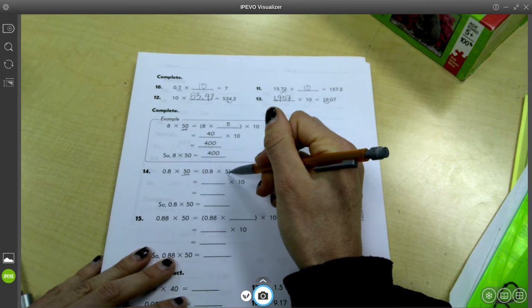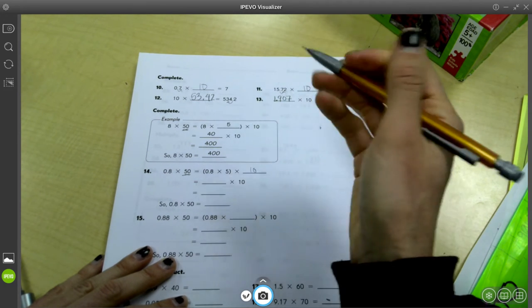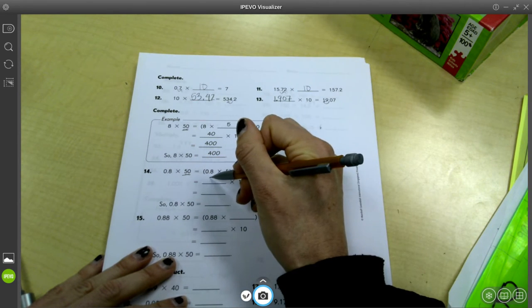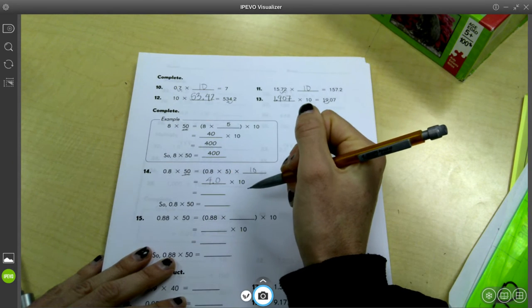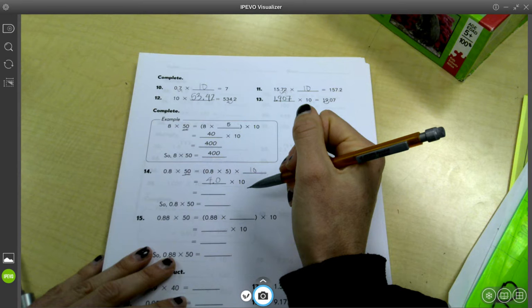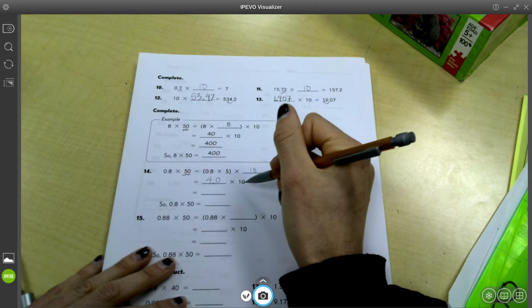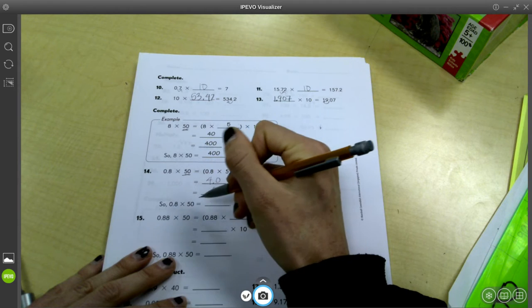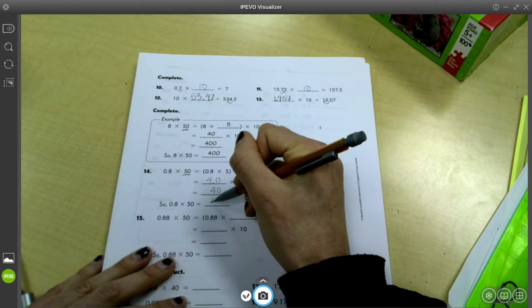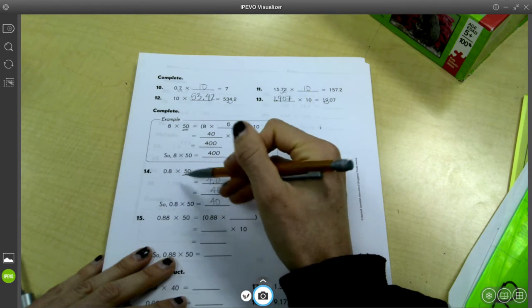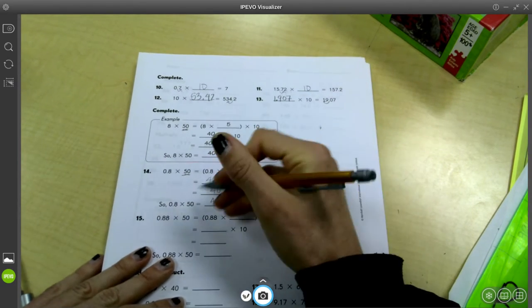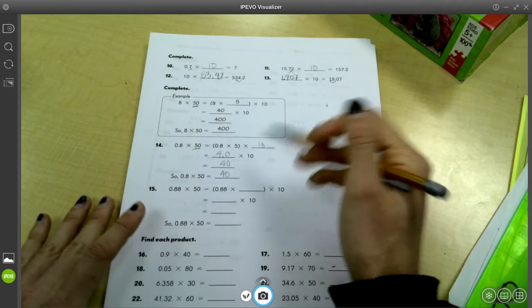I'm going to do 5 times 8 tenths, which is 40 tenths, or 4. And then 4 times 10 is 40, so 8 tenths times 50 is going to be 40. And that makes sense because this is just a little bit less than 1. 1 times 50 would be 50, so we have something just a little bit less than 50.